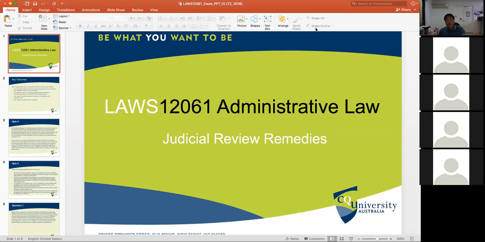So there is no requirement that an executive decision has to be based on an enactment, either on the basis of Section 39B of the Judiciary Act of 1903 Commonwealth, or, for example, on the basis of Section 75(5) of the Australian Commonwealth Constitution. And as I have said, we know that there are common law judicial remedies.